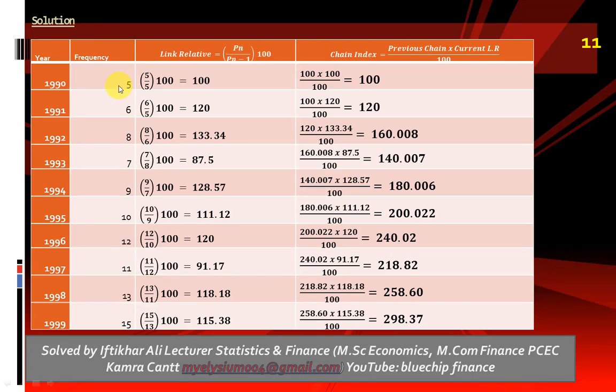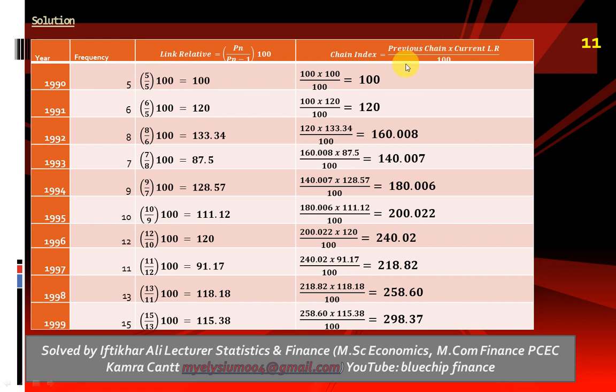So for 1990, current price is 5 and we don't have a previous time period price in the first year. So we consider the same 5 as Pn minus 1, multiplied by 100, and this will be equal to 100. Similarly, the chain index is also considered as 100, because chain index is equal to previous chain multiplied by current link relative divided by 100.